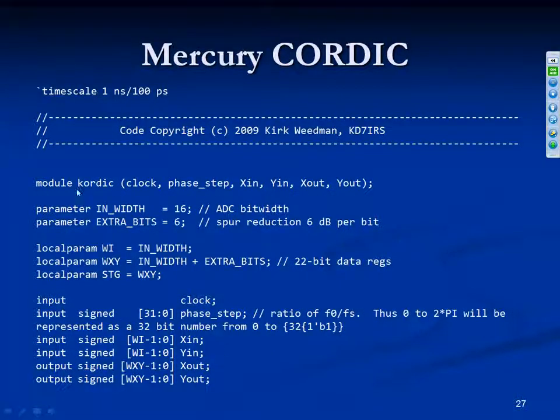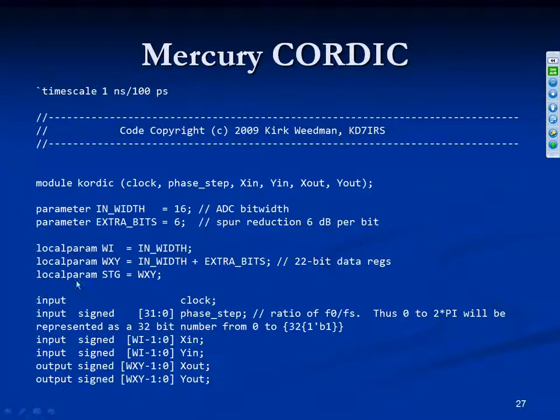So now let's look at this actual CORDIC function itself. It has a couple of default parameters. One is called the in width, and that's the width of the analog to digital converter data coming in. Then we have these extra bits, in this case 6, so this gives us better resolution and noise reduction.